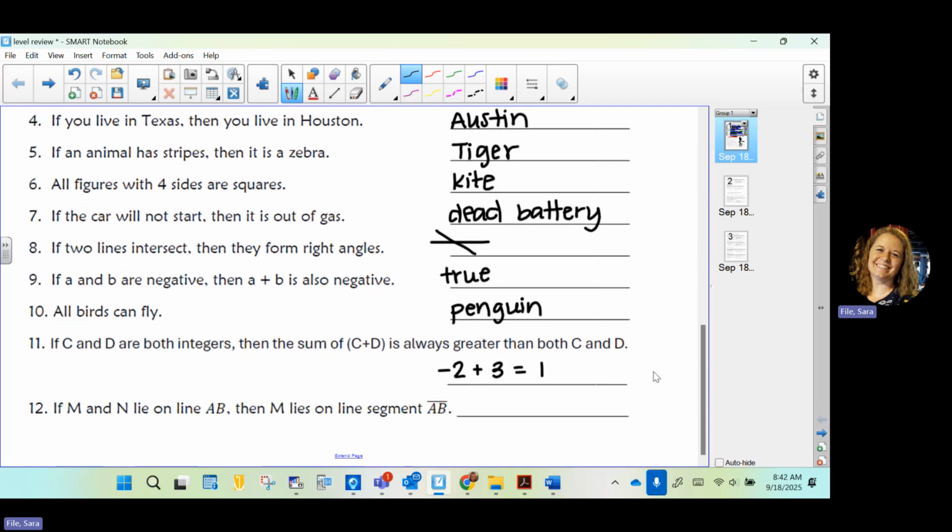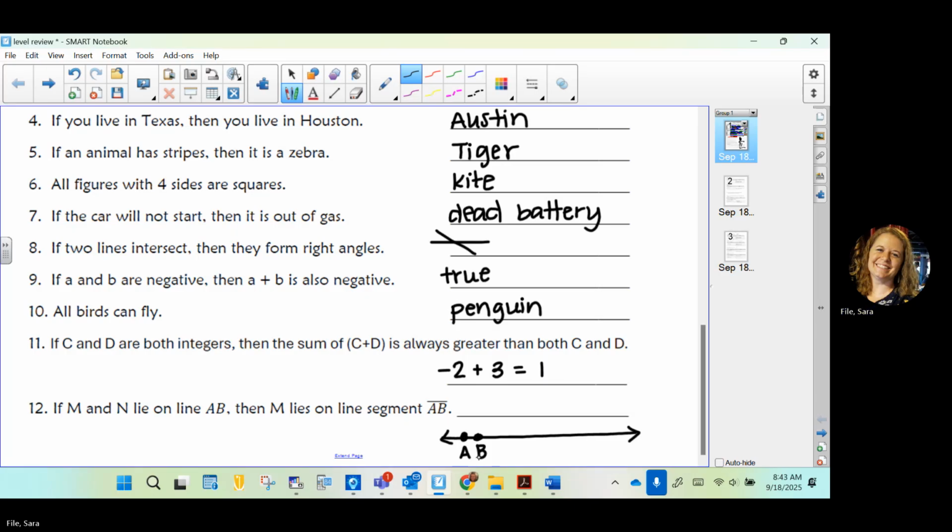All right, last one here. If M and N lie on a line AB, then M lies on the segment AB. So if I have a line AB, for this line to be named AB, couldn't A and B be anywhere on the line? Okay, so they could be right next to each other, couldn't they?